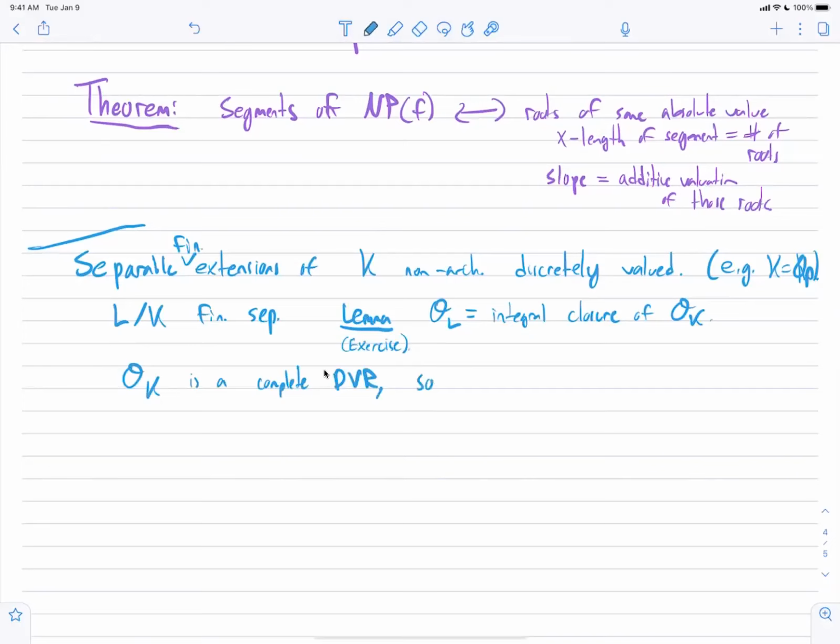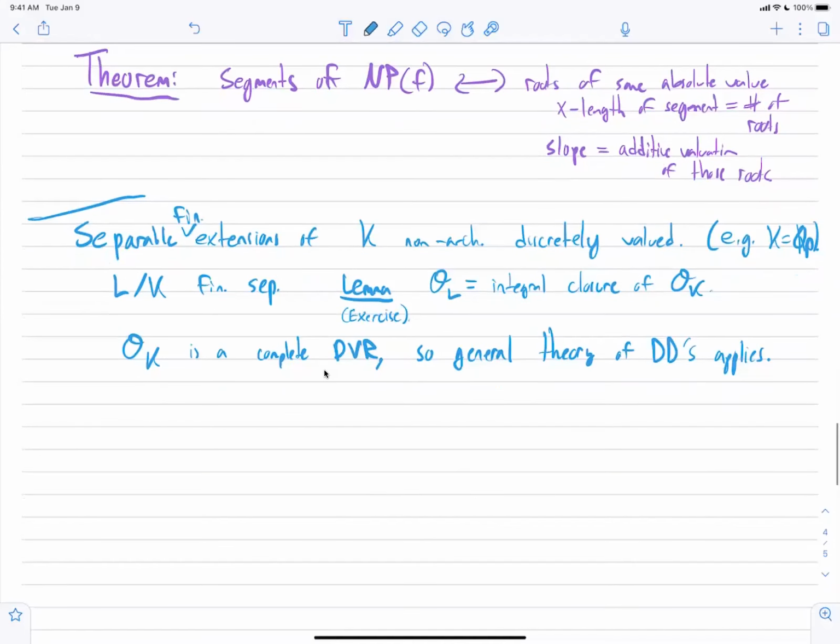So the general theory of Dedekind domains and their extensions applies. This is not the only way to say it, but it is an efficient way to say things given what we developed already.